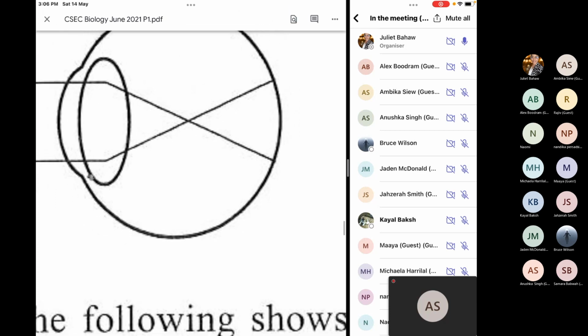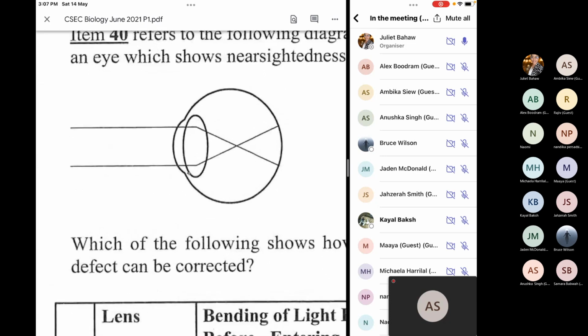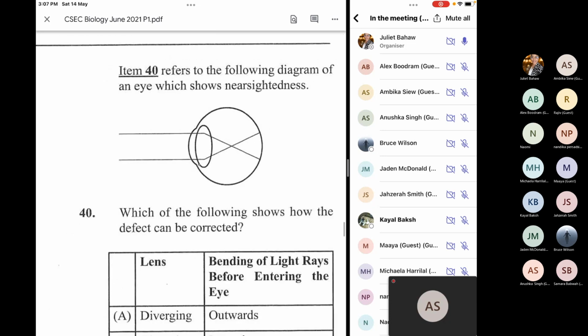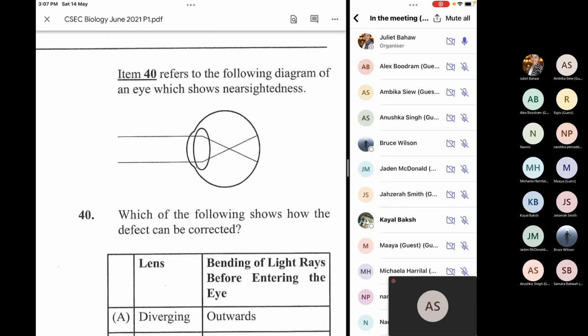That image forms before the retina, where it's supposed to land on the retina. So as a result, when light is being refracted too much, it is either the lens too thick or the eyeball itself too short. Now when you notice, this is nearsighted.